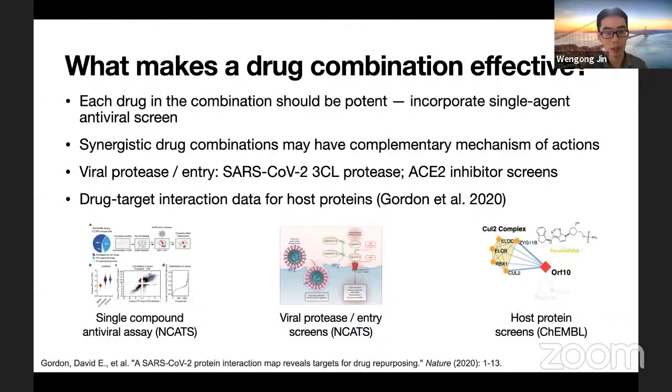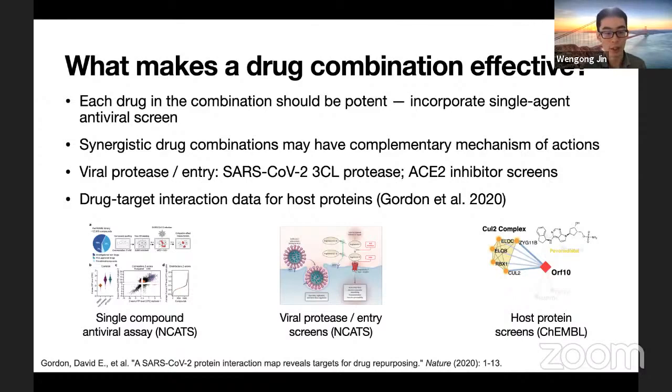So we want to model what targets each drug interacts with. There are two types of targets. One is viral proteins, like viral protease, or in this case, for SARS-CoV-2, the 3CL protease. Or we have the host proteins that the virus leverages to enter the cell, like in this case ACE2, and we want to find drugs that inhibit ACE2.